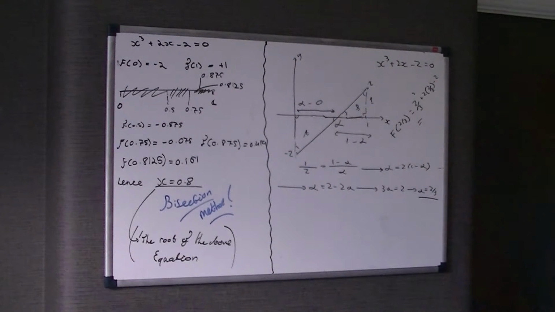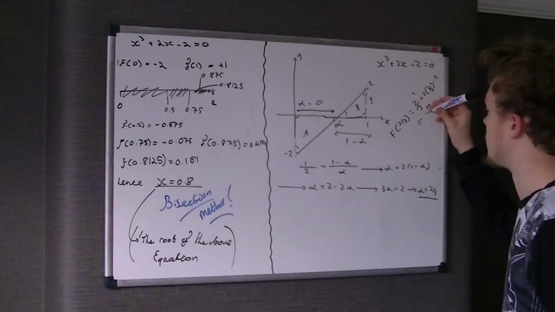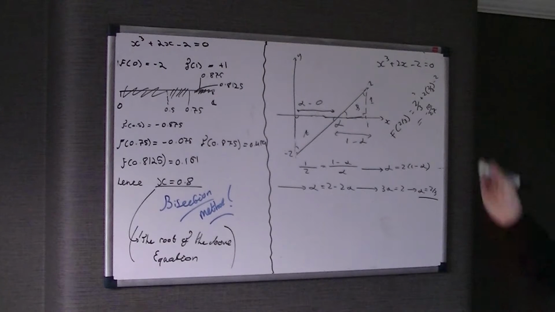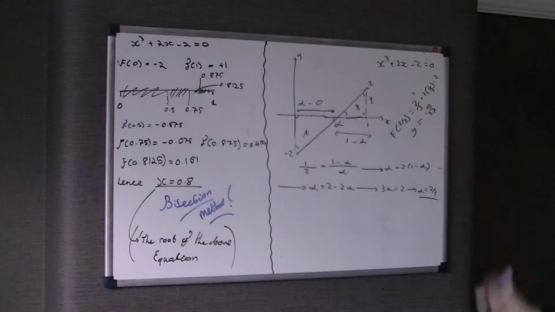And if you were to put that in your calculator, you should get a value of exactly negative 10 over 27, okay? Which obviously is a negative value, therefore y equals negative 10 over 27, hence it hasn't crossed the x-axis, hence the intercept has not yet occurred, as we know from this side.